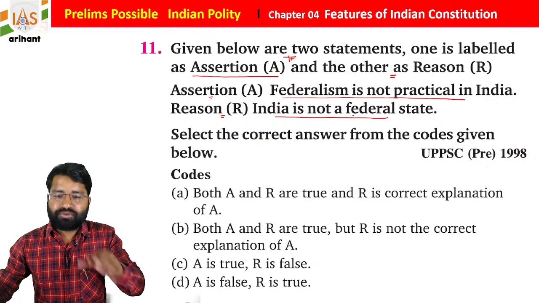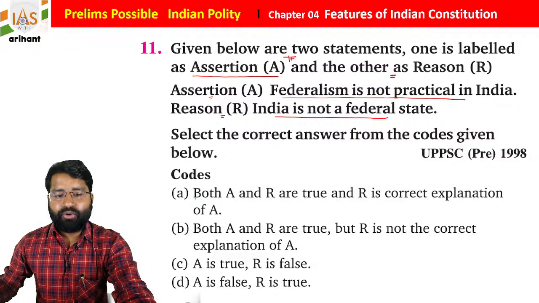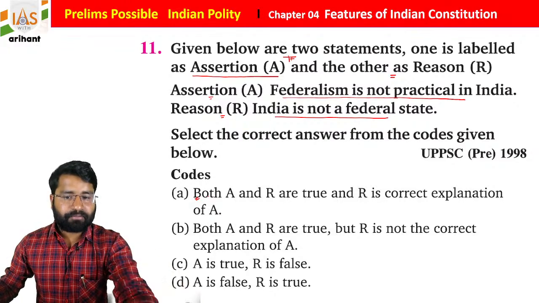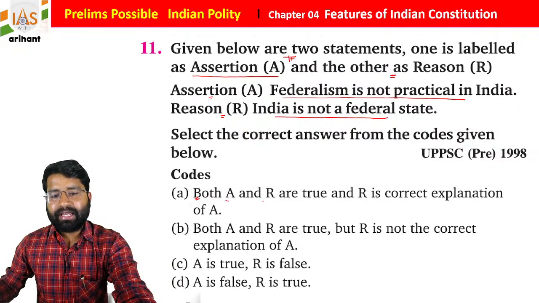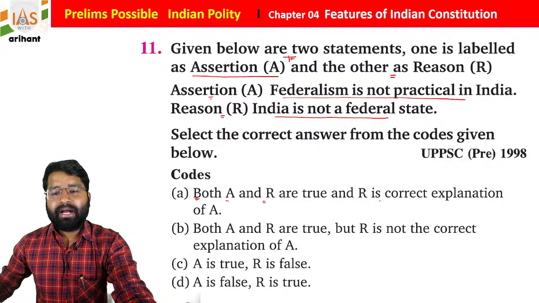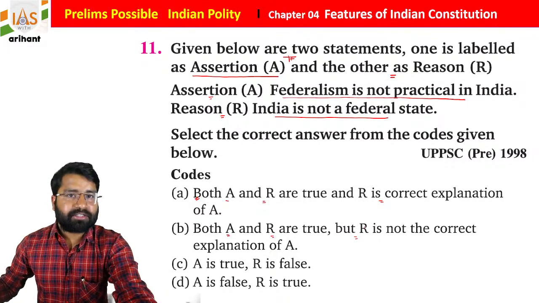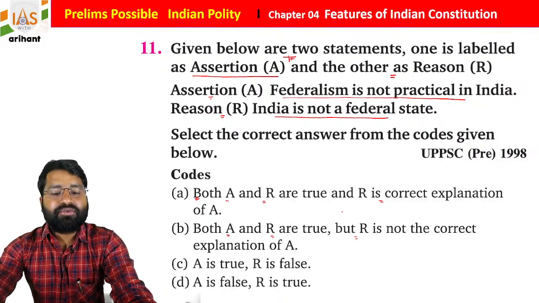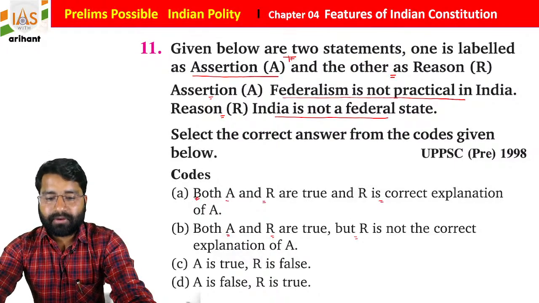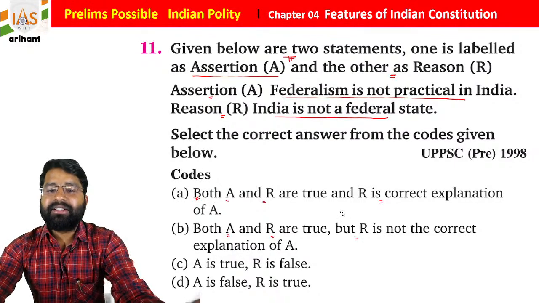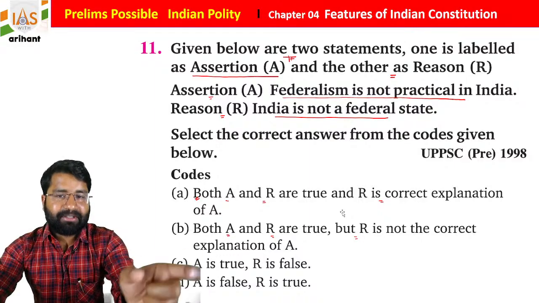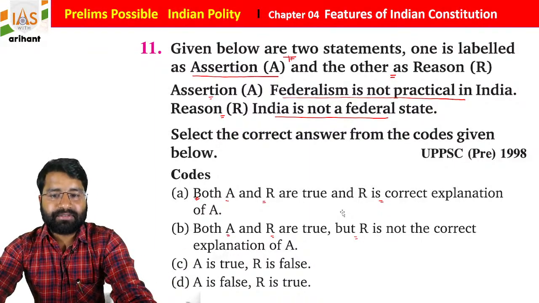Now you have to choose the right answer. The code suggests that option A says that both A and R are true, and R is a correct explanation. Both A and R are true, but R is not the correct explanation of A. A is true, R is false. A is false, and R is true. A means assertion and R means reason, students.